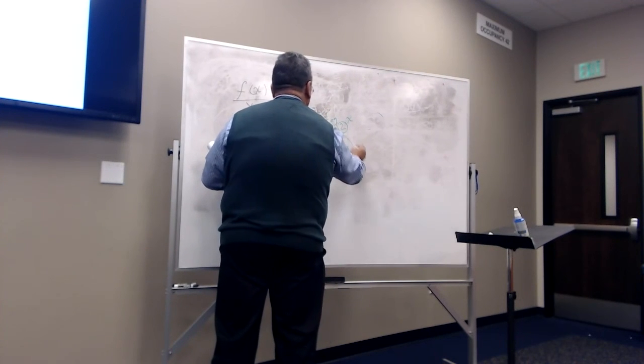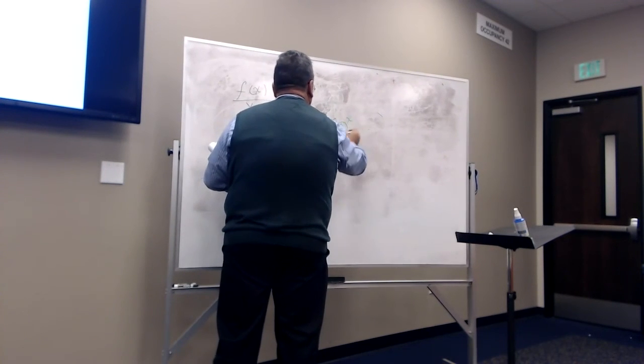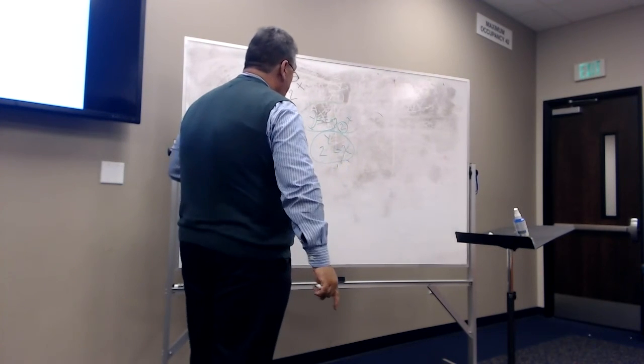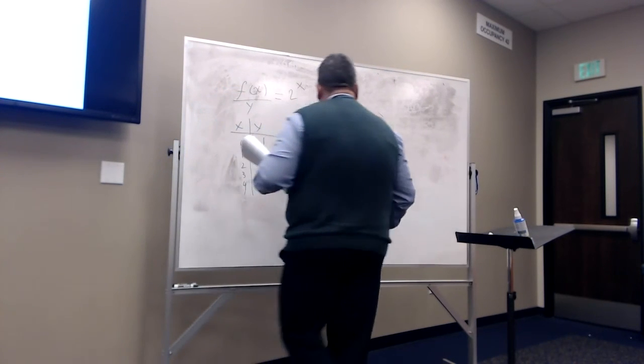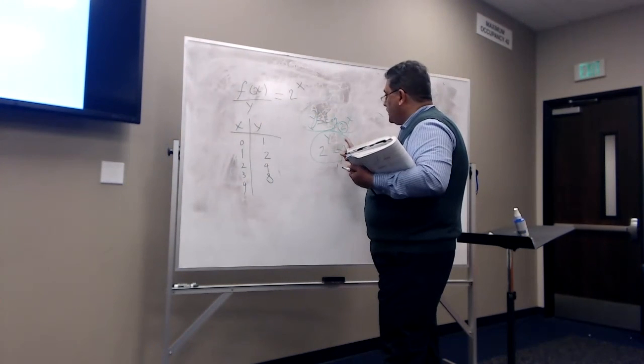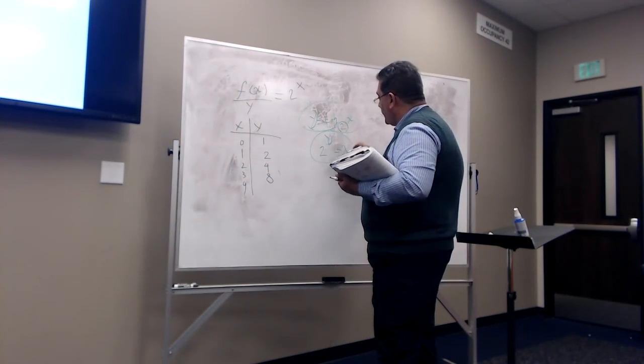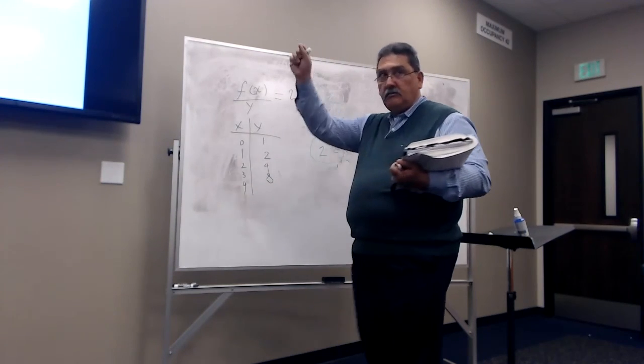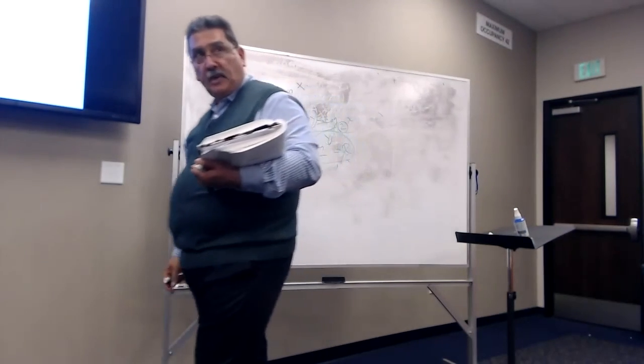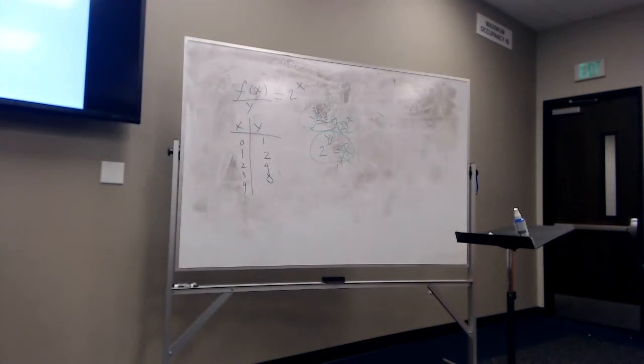This is the exponential form, this is the logarithmic. So when you're asked to draw y = log base 2 of x, change it to exponential form, then give different values to y, find x, and then connect the dots. All right? But please watch that video.